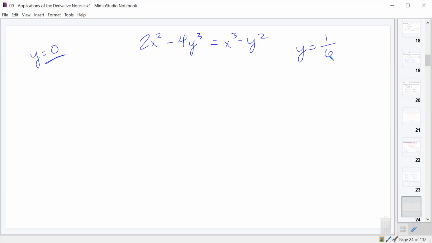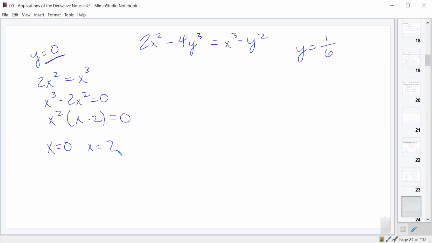So for y equals 0, we're just going to be left with the x terms. 2x squared equals x cubed, or x cubed minus 2x squared equals 0. We'll factor out the x squared. And using the zero product property, we get x equals 0 and x equals 2. This means we've got an ordered pair of 0 for x and 0 for y, and another ordered pair of x is 2, y is 0.